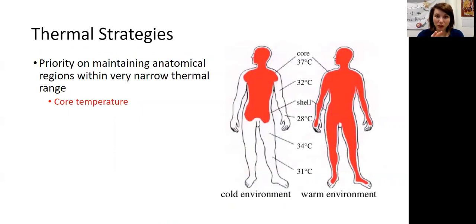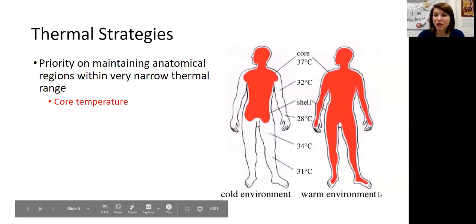So when an animal is looking to maintain its body temperature, it's mostly going to want to stay within a relatively narrow range. And within that, it can shift a little bit from different parts of the body. Your core body temperature is what's going to be most important to maintaining vital function of your body.